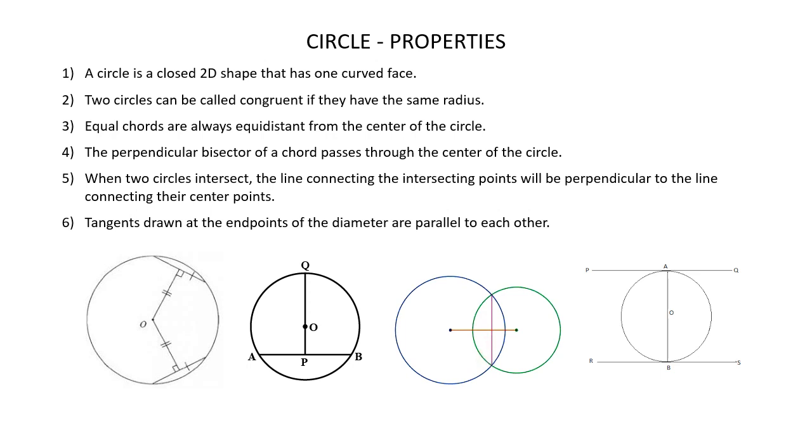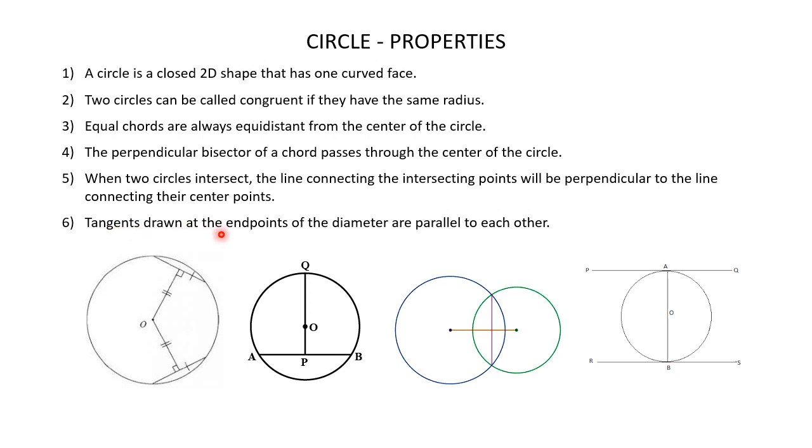Now this point is the center of the bigger circle and this point is the center of the smaller circle, and this is the line joining the center points of the two circles. Now as you can see, the line connecting the intersecting points is perpendicular to the line connecting the center points when two circles intersect.